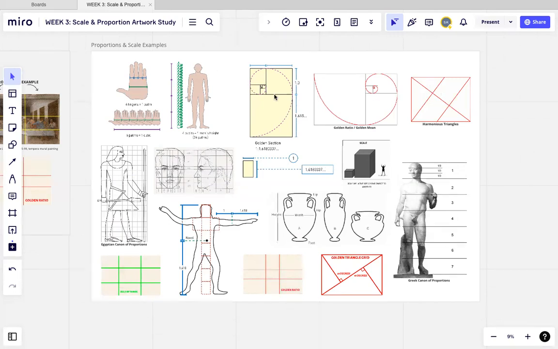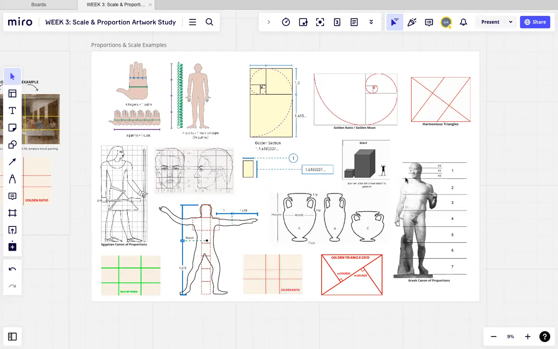Now, proportion can also relate to a figure. So we can break down the human body into different units of measurement to create what's known as a canon of proportion. And this is dependent on a different culture or region. In many cases in the past, these canons of proportion can relate to spirituality or religion.